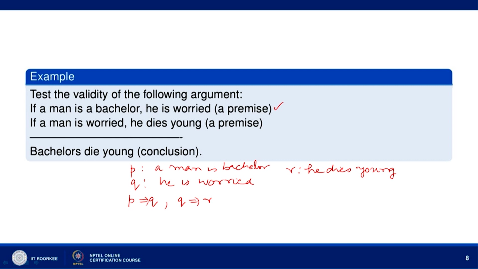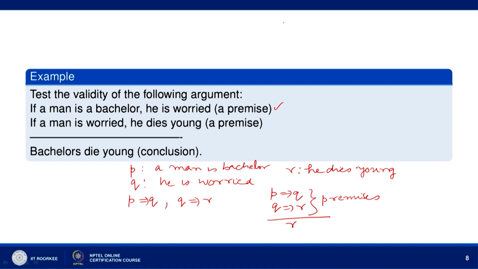Okay. So, we have to test the validity of this argument. If a man is bachelor, he is buried, that is premise. If a man is buried, he dies young. The conclusion is bachelors die young. So, let us say P implies Q, Q implies R. These are premises. Then the conclusion is R, bachelors die young.